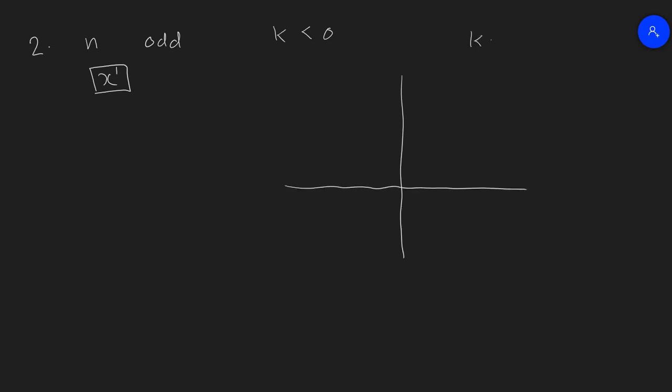Now the second option says the degree of the polynomial function is odd. We can take, say, x, since this is a monic polynomial as well as the power is odd, and given k is negative. If we draw the graph for the exponential function k e power x, what happens when k is negative? It is a reflection over the x-axis. So the graph will look somewhat like this, and this point will be k, which is negative.